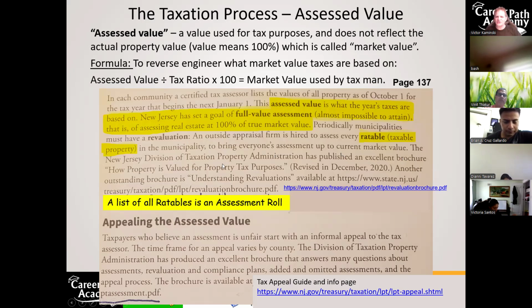The New Jersey Division of Taxation and Property Administration has published an excellent brochure on how property is valued for tax purposes. Another outstanding brochure is Understanding Revaluations, available at this link that they give right here. And that is the link that I put right here. So it's basically a PDF document. Here, I'll just share this with you.